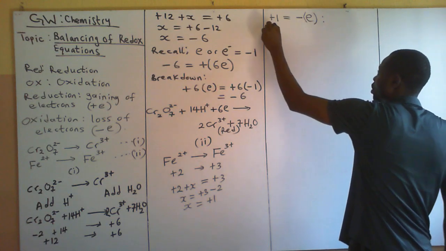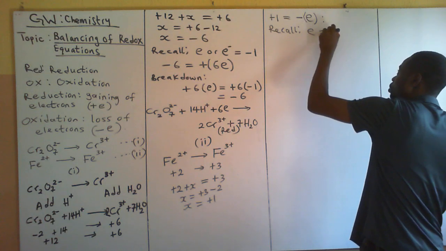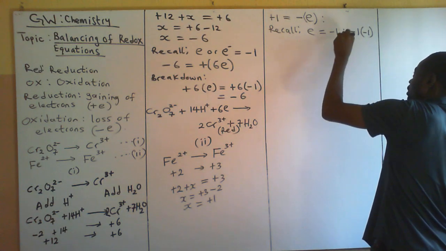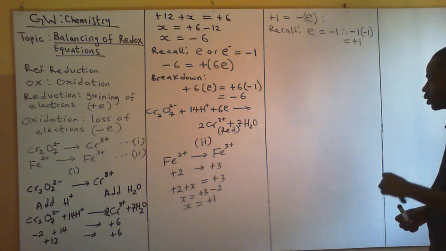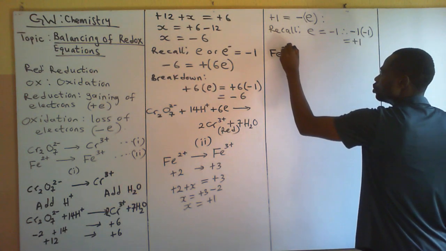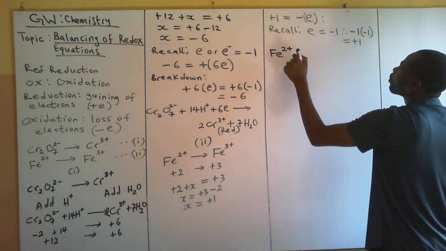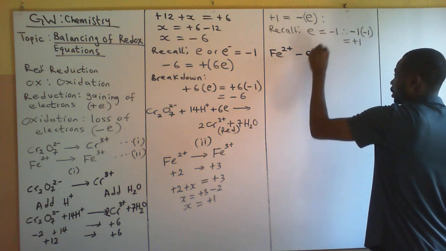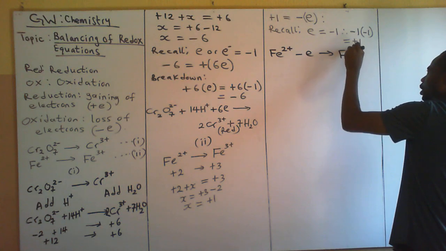Recall, E on its own equals minus 1. Therefore, minus 1 bracket minus 1 equals plus 1. We will now rewrite the equation. If we rewrite the equation, it becomes Fe 2 plus, minus E, giving us Fe 3 plus.